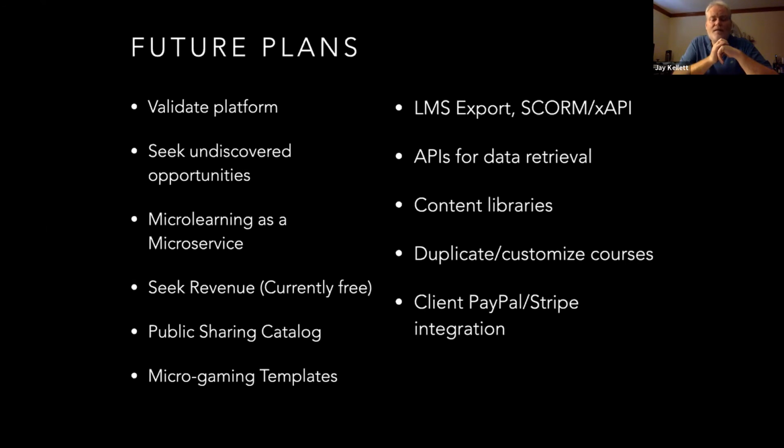That will probably be the next big feature: a public sharing portal that people can opt their courses into, discoverable on the internet, so you can come to the site even before you register and peruse courses, and they'd be findable by Google and all that kind of stuff.